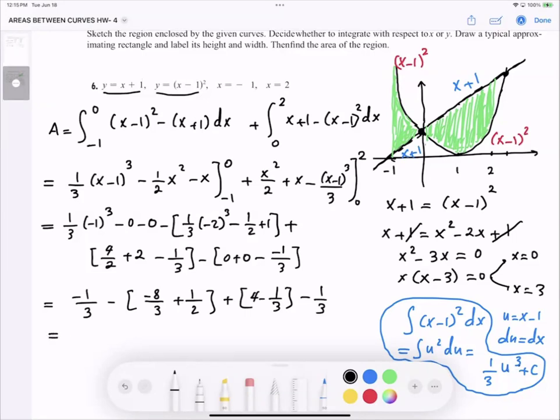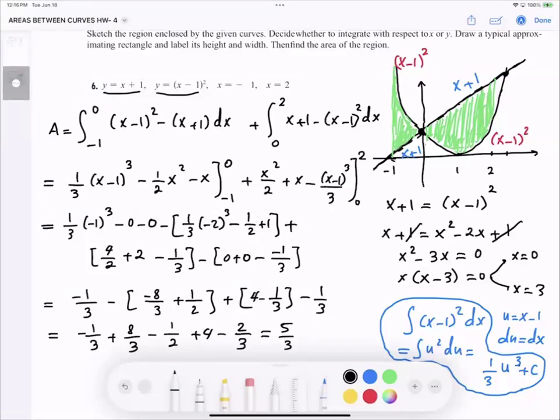So let us try to combine these as much as we can. Here you have -1/3 plus 8/3 minus a half plus 4 minus 2/3, right? So if we combine these together, you have 7/3, 5/3.